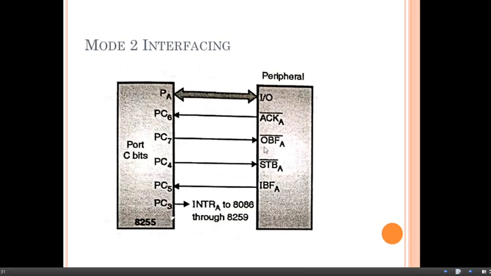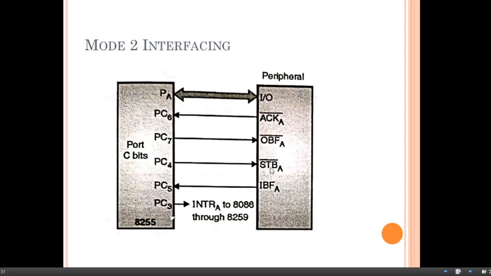These two signals, OBF and ACK, are used for output operation, that is for sending the data from 8086 to the peripheral.